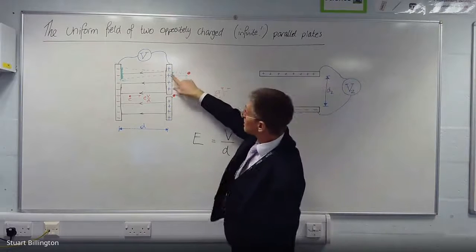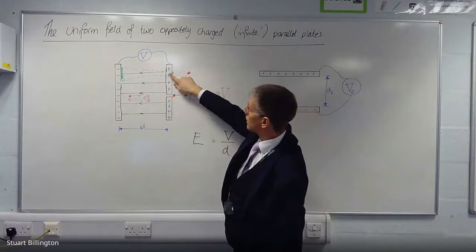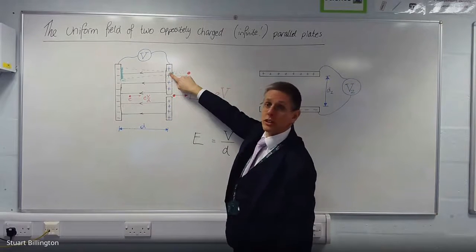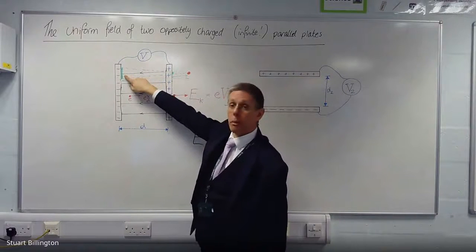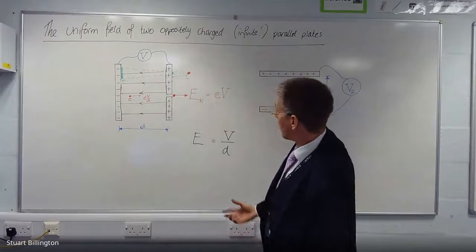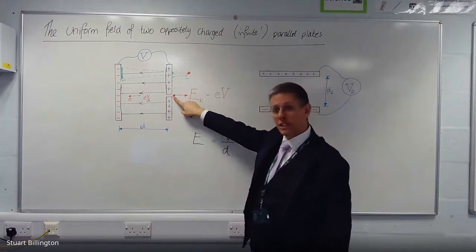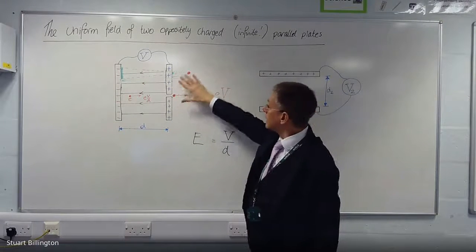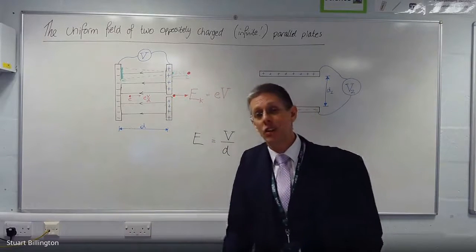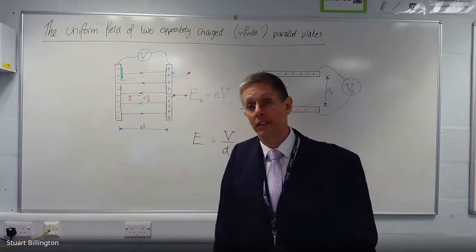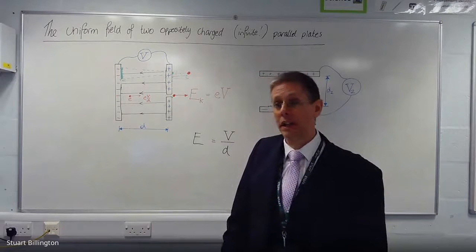So it turns out that the amount of attraction from these positive charges is exactly cancelled out by the amount of repulsion from these negative charges. So in actual fact, this electron is free. This is a zero force region. There is no electric field outside of the plates.